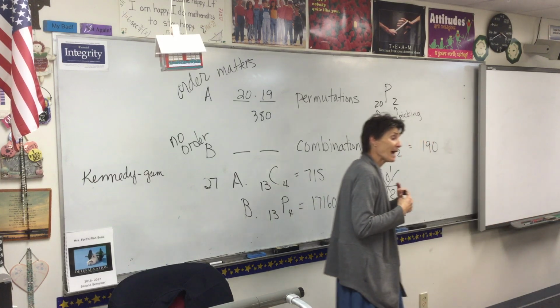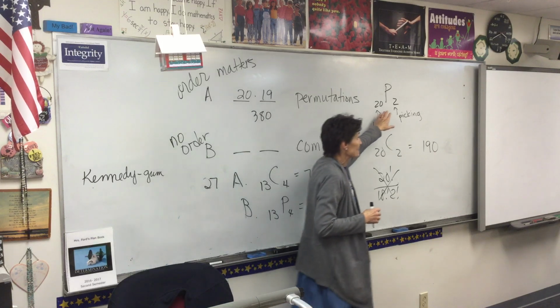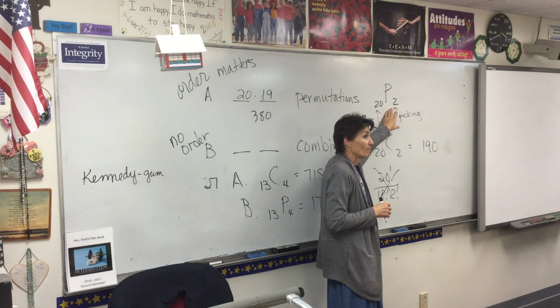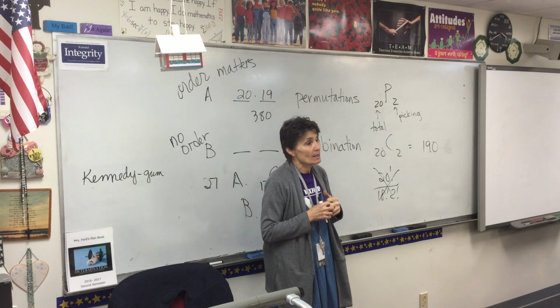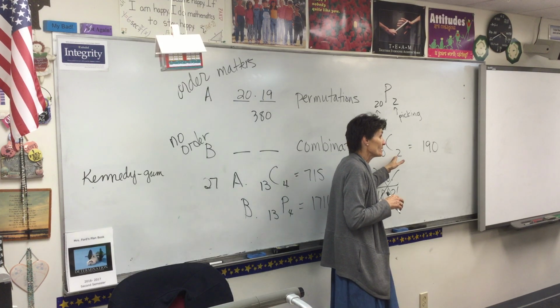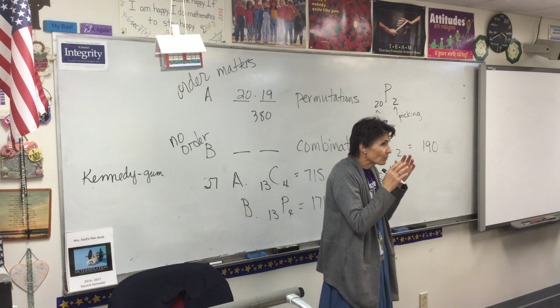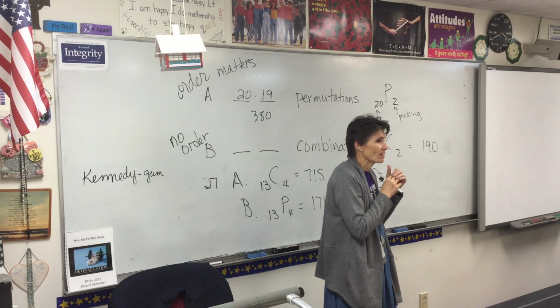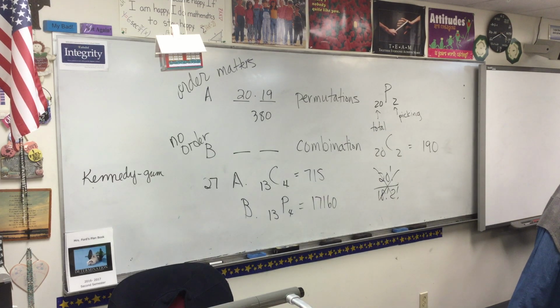If order matters, you're going to set it up as a P problem, a permutation problem. If order doesn't matter, then you are doing a C problem. We're just going to read each problem carefully and try to reason that out. It does require some thought, but I have confidence in you.